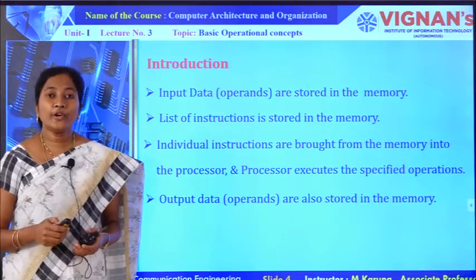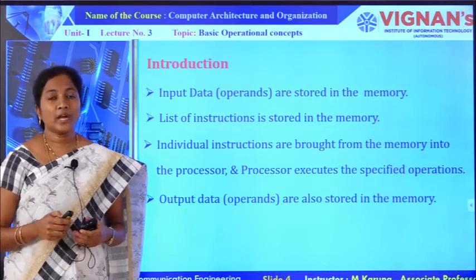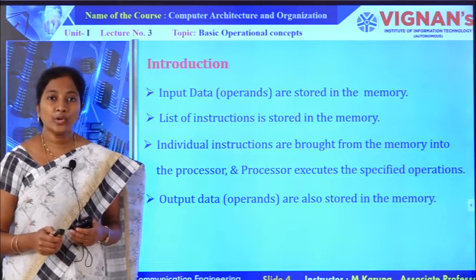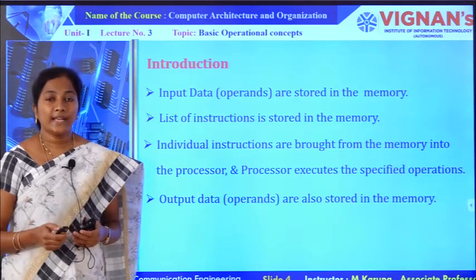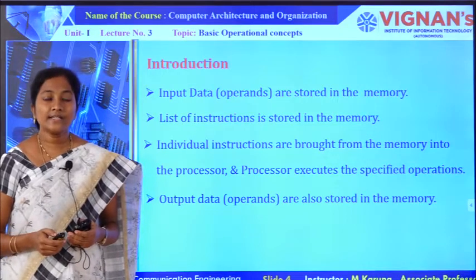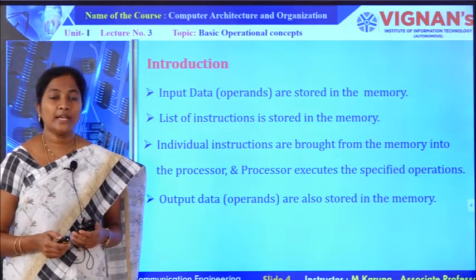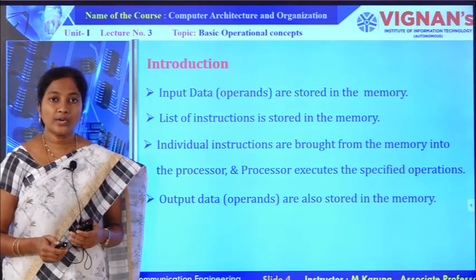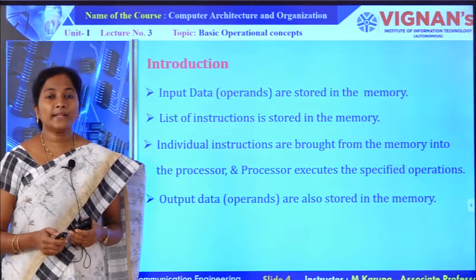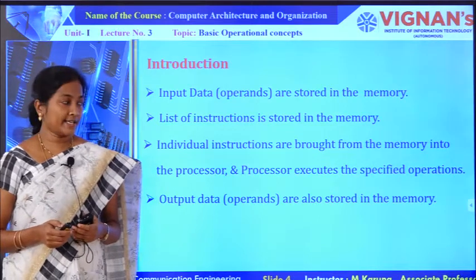Introduction. Before going to discuss the operational concept, you should know some important points. Data and instructions are stored in memory, or we can say data and program are stored in memory. A program is nothing but a list of instructions.